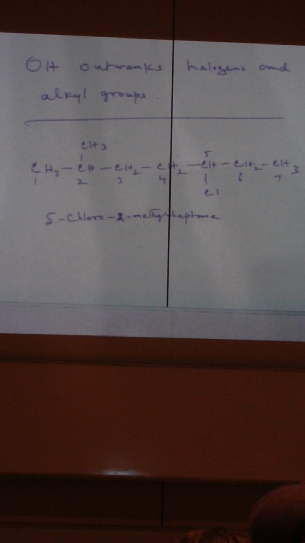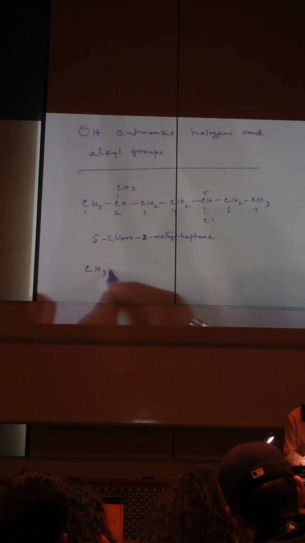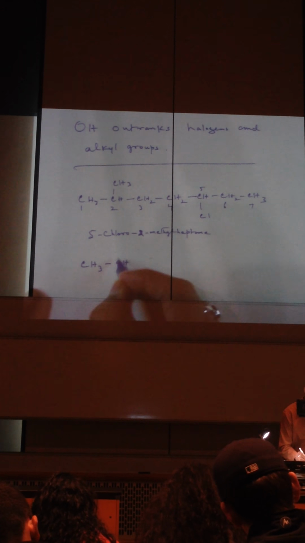Now, if we change the halogen to an OH group, then of course what happens is we write that first.